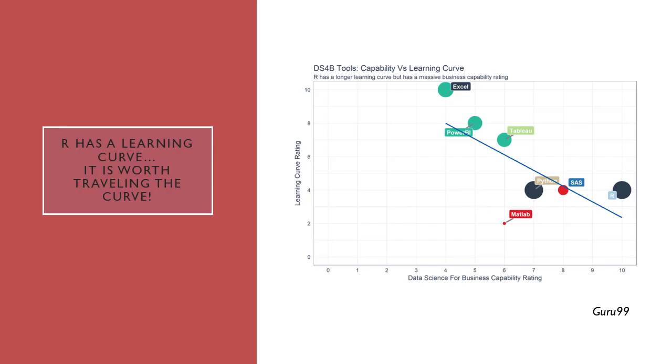It's substantially more difficult to learn than, say, Excel. But it's worth it because it sits there with a score of 10, the highest score in terms of its capabilities, even though the learning curve rating is at 4, while Excel sits up there with the highest score, meaning the easiest to learn, as 10.